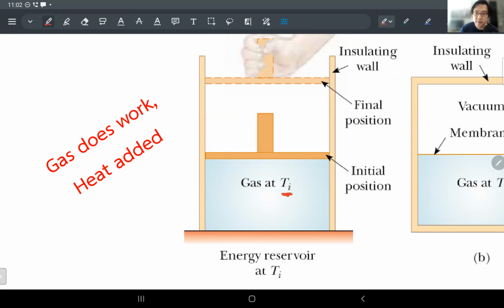T sub I. Oh, problem with the microphone again. Haven't done anything. Okay, better. Hello. Is the sound all right? Maybe it's very fuzzy. Oh, okay. That's weird. Let me try again. Haven't done anything actually.